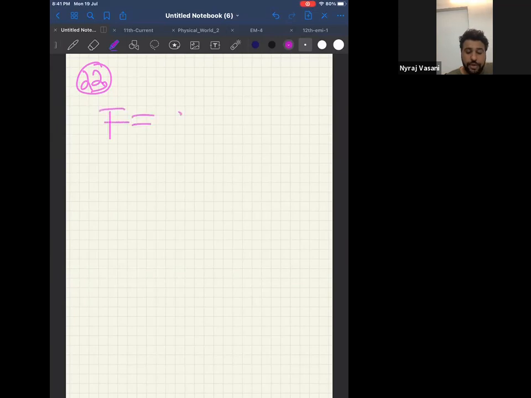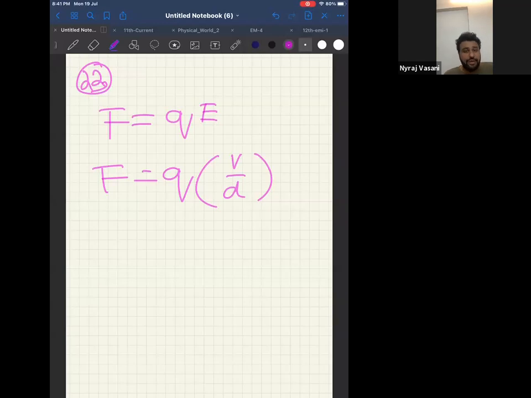Force formula is QE. Therefore, force formula is Q into V by D. Again, I'm using the same logic, same formula. Check. You have done this substitution many times. Now tell me, what should be the answer for force? Correct. Devansh, try again once.